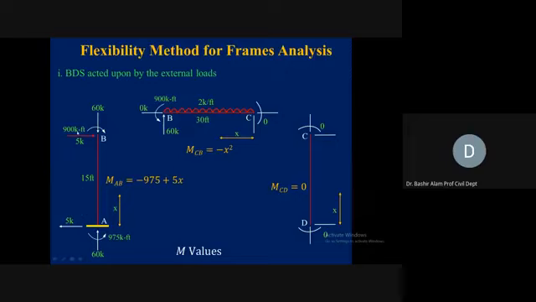Now for moment, we have 900 in the clockwise direction, and 5 times 15, which is also causing clockwise, so 5 times 15 is 75. 75 plus 900 is 975, and it is balanced by this 975 here. So this member is also analyzed and is in equilibrium.